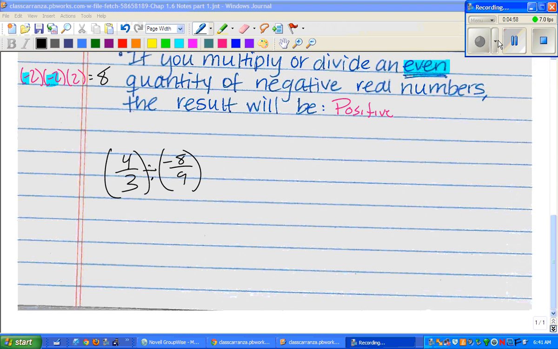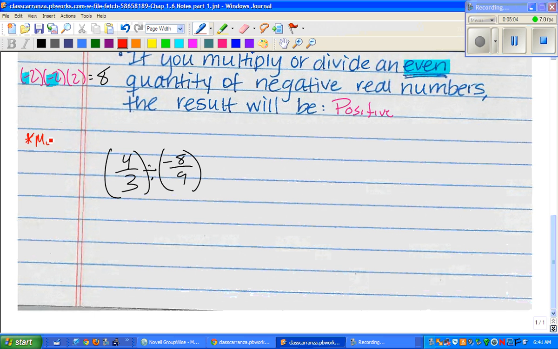All right, I rewrote it down here just so we have a little bit more space. So when we divide, you need to multiply by the reciprocal, okay? I see that division sign. I need to flip.